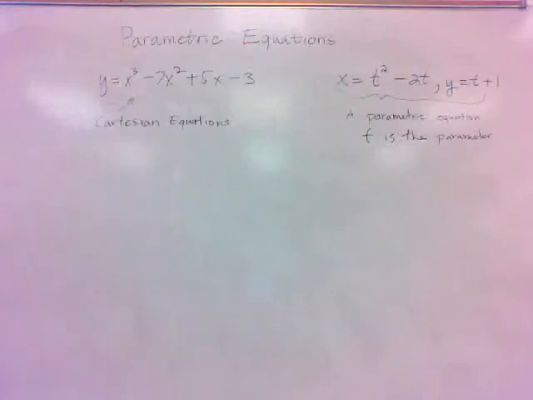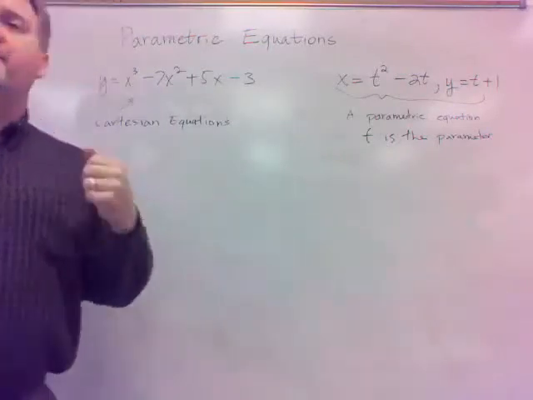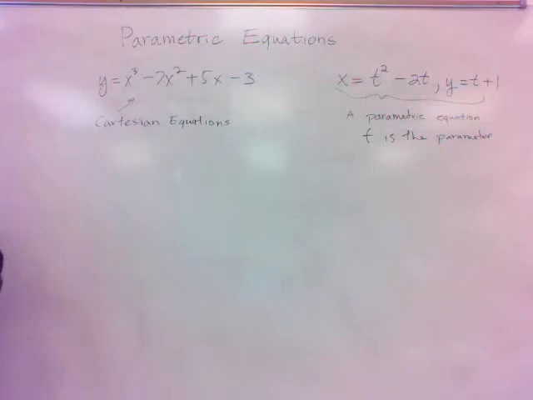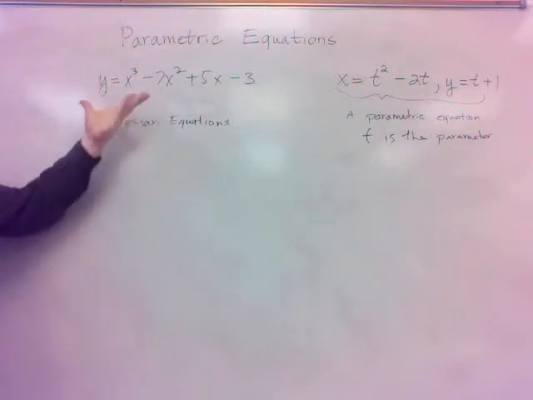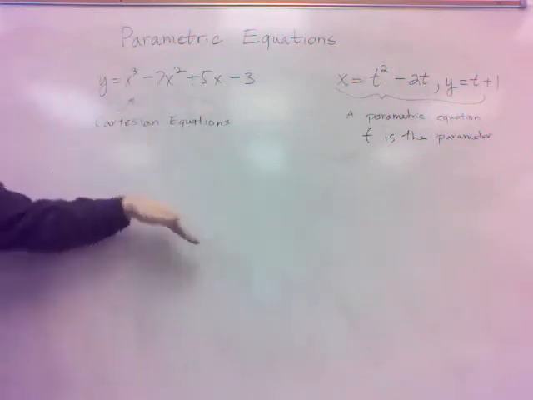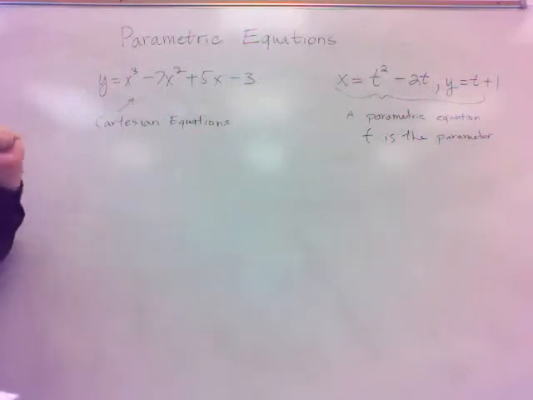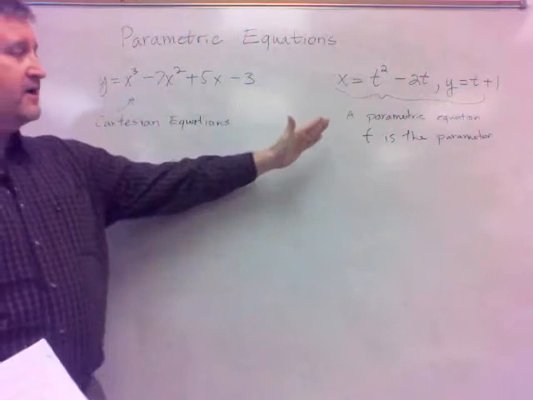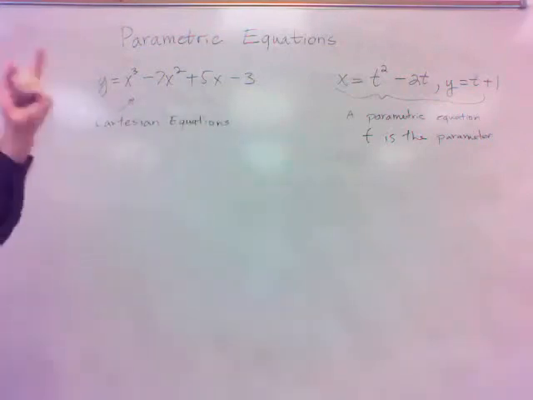The reason you do this, just to give you an application of it, is that you can define lots of pretty wild curves very simply, and a lot of them use sines and cosines. Whereas with Cartesian equations, we're usually thinking functions, one-to-one, or vertical line tests and all that. You can switch the x and the y's and get some other things, but with a parametric equation, we can get all sorts of loops.